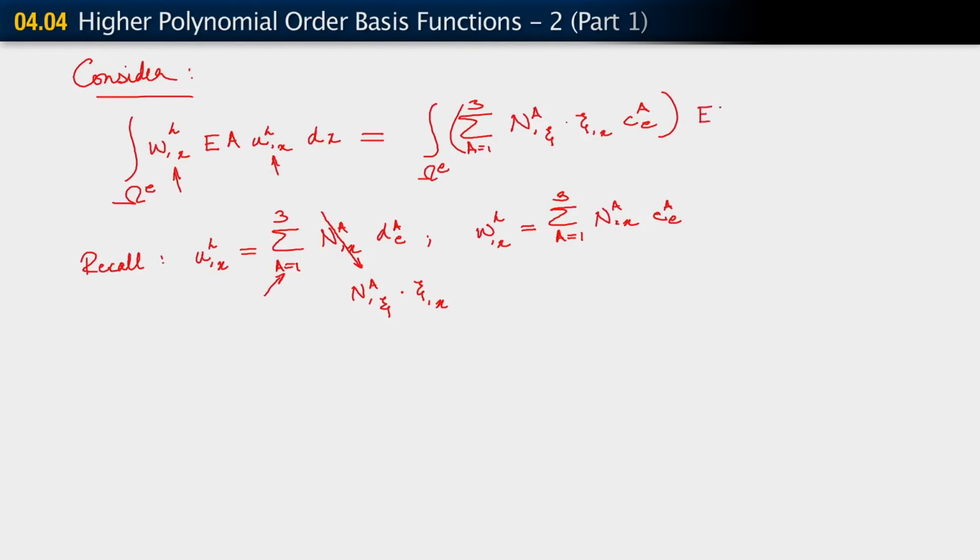multiplied by E, multiplied again by the sum over B going from 1 to 3 of NB comma x, but again we're going to use our chain rule. It's not A, it's B here because we're summing over B. NB comma c, c comma x, d B e, dx.